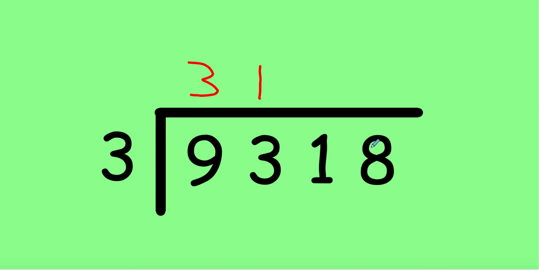If 1's too small, I have no 3s in 1. So I need to remember to put a 0 in there. And then this 1 goes here because it is a remainder. I've exchanged it. I've now got 18 1s.